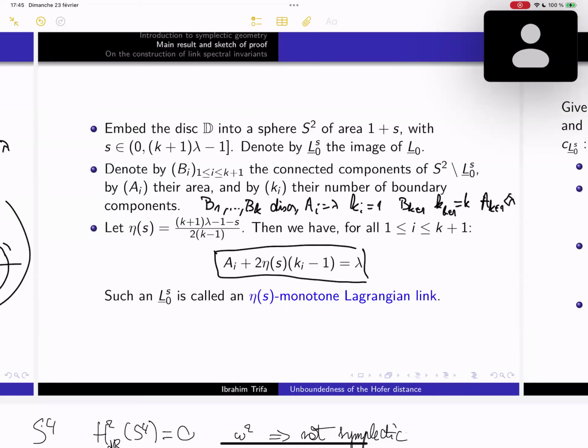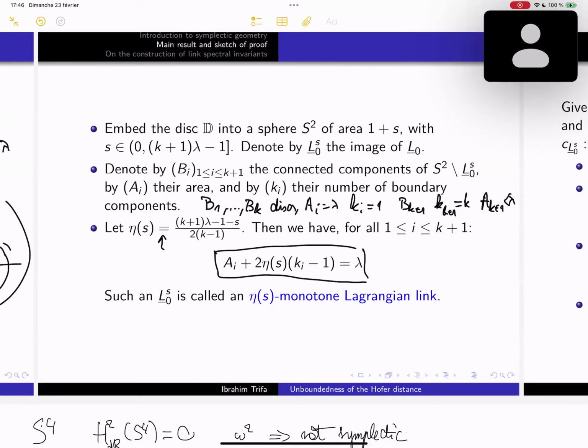And when i is equal to k plus 1, you know that the area A_{k+1} is less than lambda, and so you define this eta so that this equation holds. And this gives you this formula here for eta.